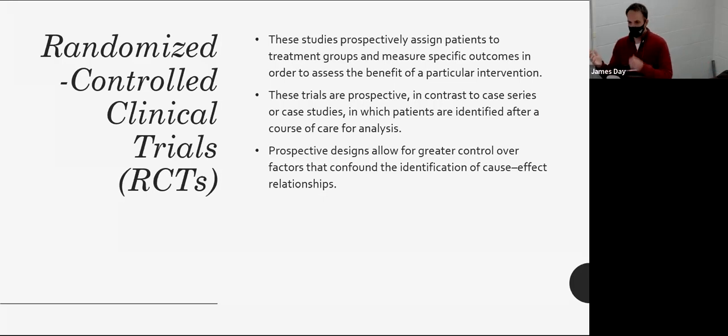The biggest way to account for confounding variables is through randomization. The idea is that if I randomize who gets assigned to what condition, then most of those other variables will come out in the wash.